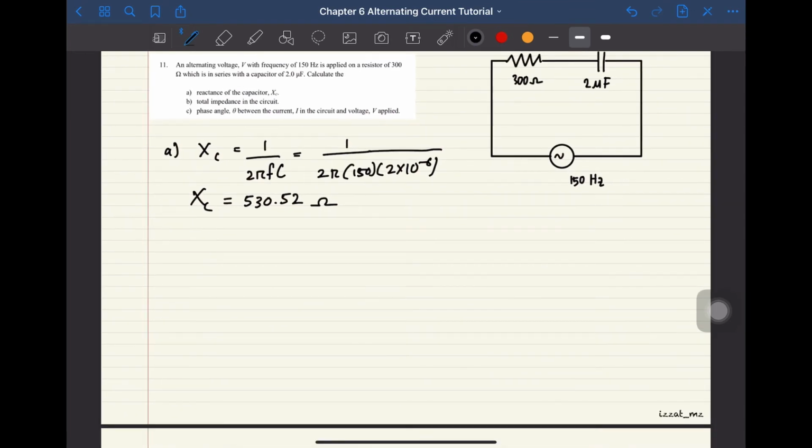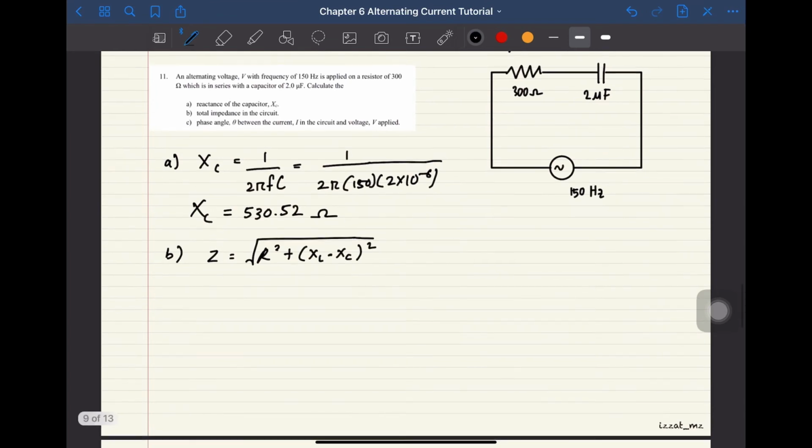Next is the total impedance of the circuit. So like I told you previously, you can use this formula straight away: square root of R squared plus (XL minus XC) squared. Then whichever is not in the circuit, in this case XL is not in the circuit, you put your hand over it, so you are left with R squared plus XC squared.